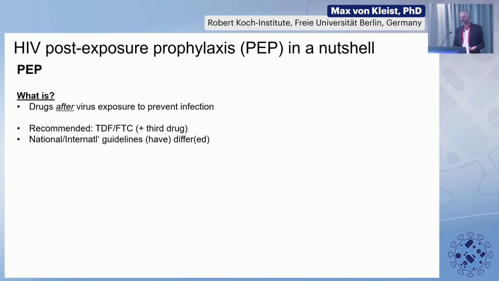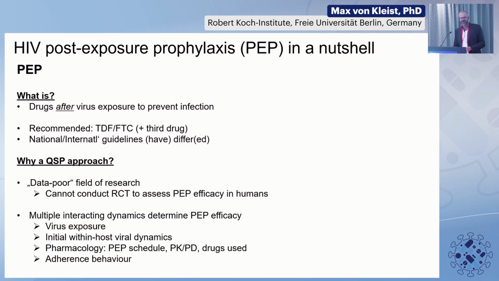Then a third drug is added, which is either a protease inhibitor or an integrase inhibitor, depending on what's available in which setting. The national and international guidelines have differed quite a bit with regards to how to use it, which drugs to use and how many drugs to use. This is what we wanted to address and what the WHO was interested in when revising the guideline.